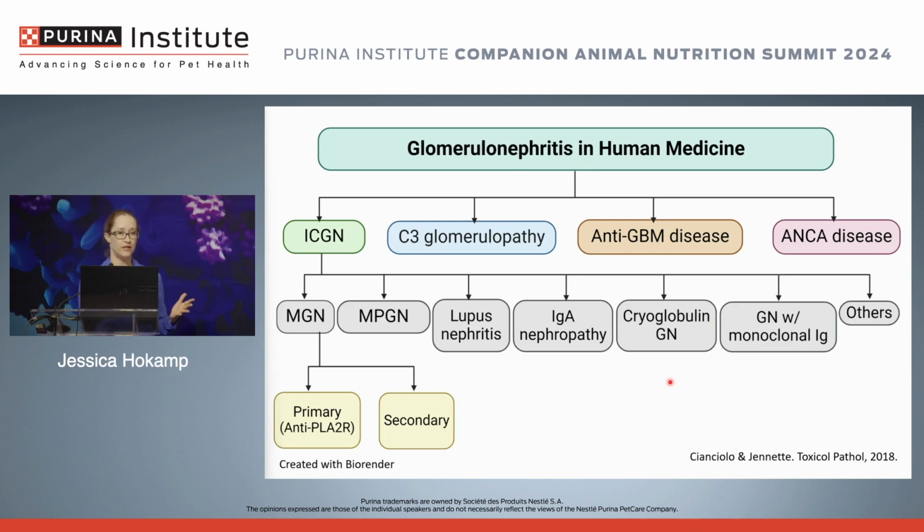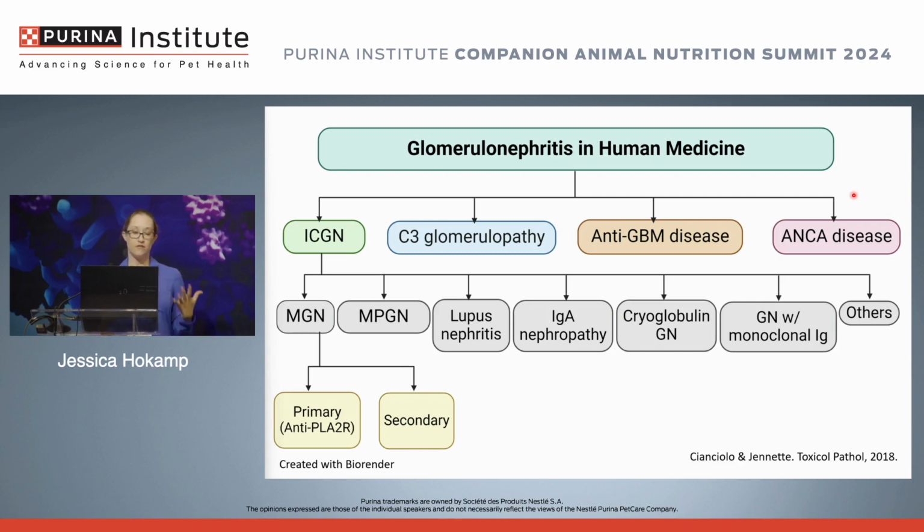The glomerulonephritides in people are divided into those that are driven by immune complexes, those that are driven by complement dysregulation, the C3 glomerulopathies, and then those that are not driven by either immune complexes or complement dysregulation.